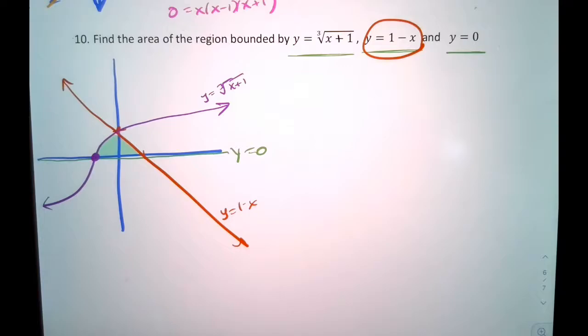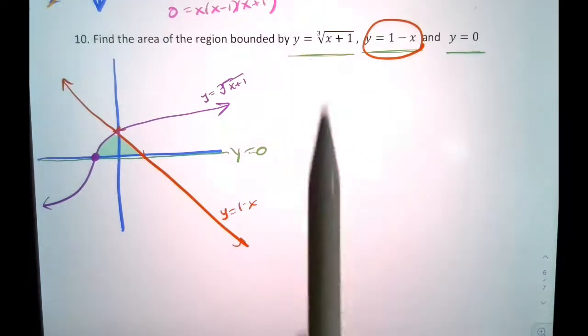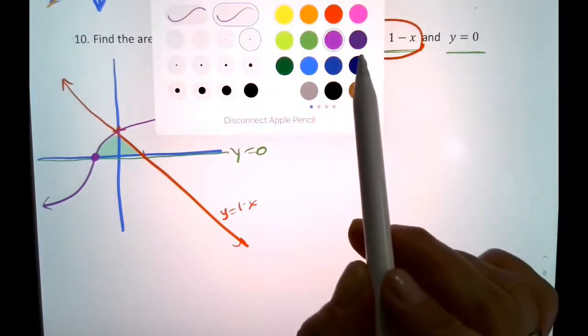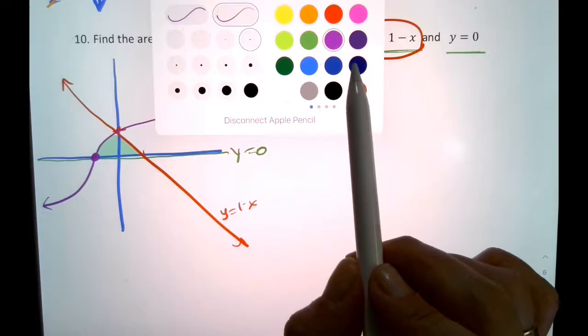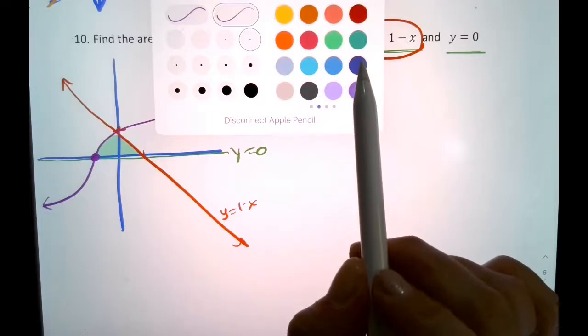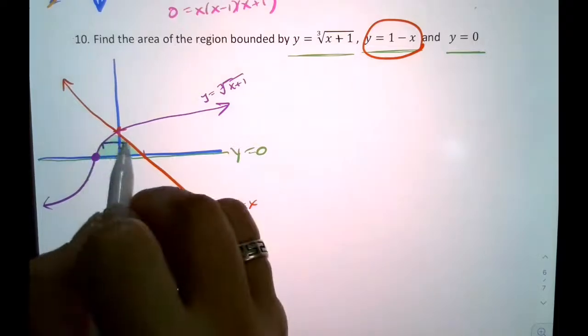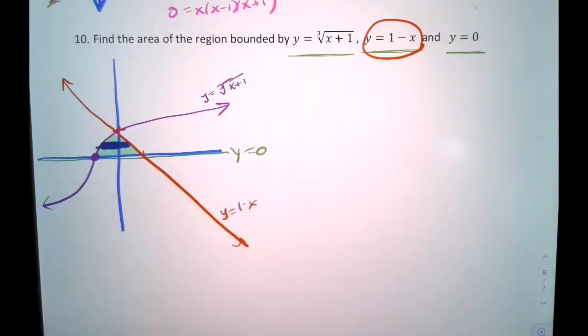And for this one, I think what's consistent for the whole shaded region is drawing in a horizontal rectangle. Let me find a good color to use. This one. If I draw in a horizontal rectangle, this is really consistent, right?